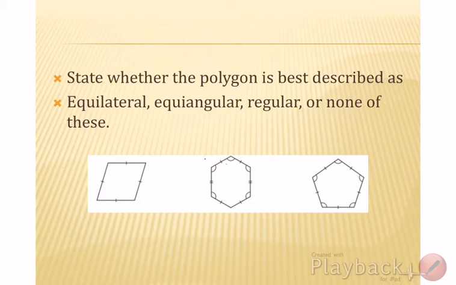The example in the middle, the angles are marked as the same, but the tick marks are different. Some are single and some are double. And the third example would be a regular polygon because both the angles and the sides are congruent. So your answer would be equilateral, equiangular, and regular.